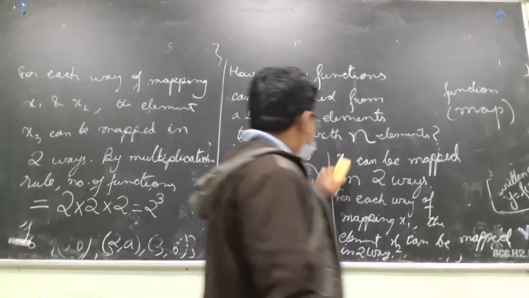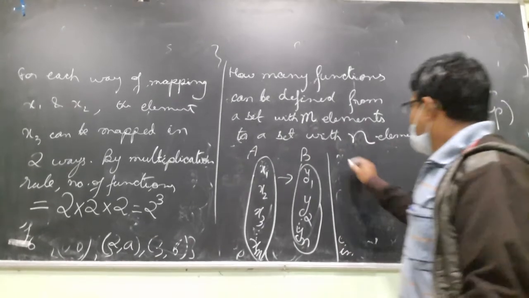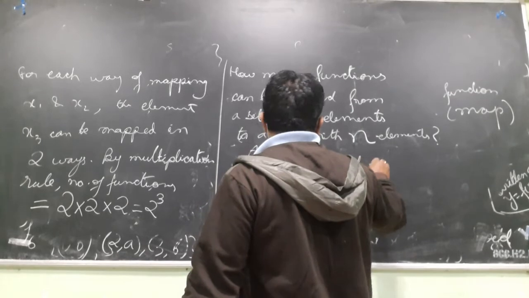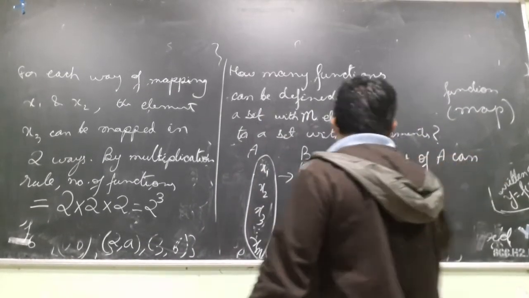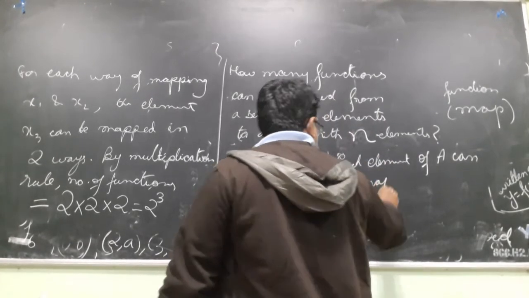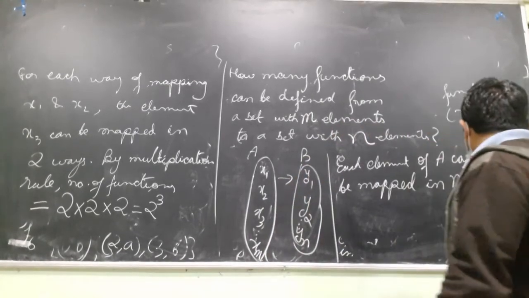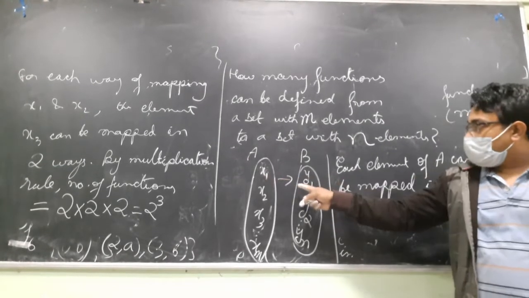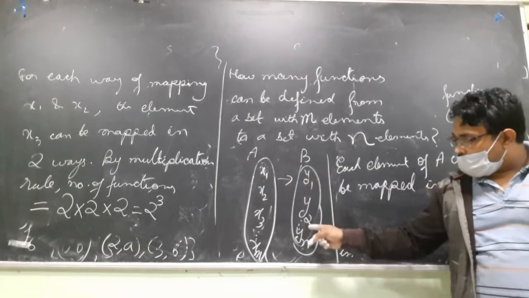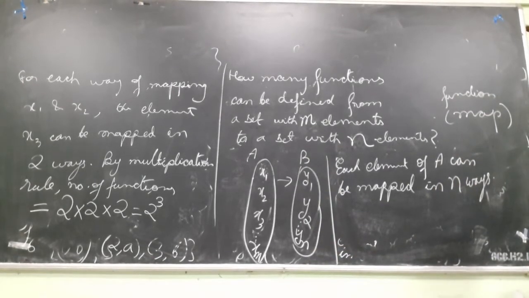So we can write that each element of capital A can be mapped in n ways, because there are n options available to us. For x1, its image can be y1 or y2 or y3 or yn, n options. So each element of A can be mapped in n ways.